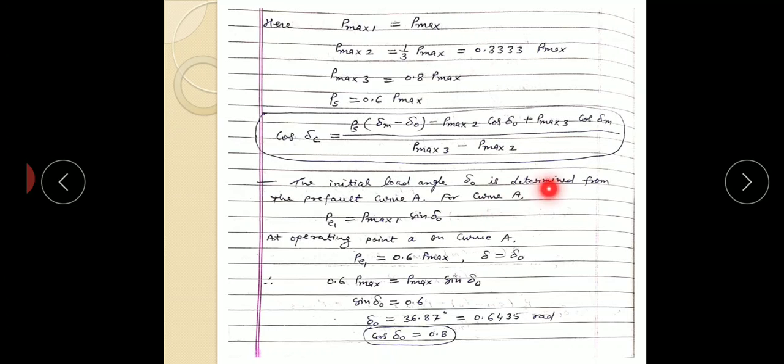The initial load angle delta naught is determined from the pre-fault curve A. See the diagram for curve A. Pe1 is equal to Pmax1 sin delta. At operating point A on curve A, Pe1 is given as 0.6 Pmax and delta equals delta naught. Then delta naught is equal to 36.87 degrees. This is 0.6435 radian. So cos delta naught is equal to 0.8.